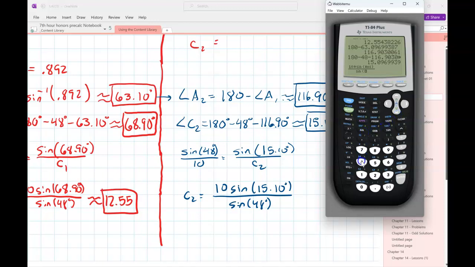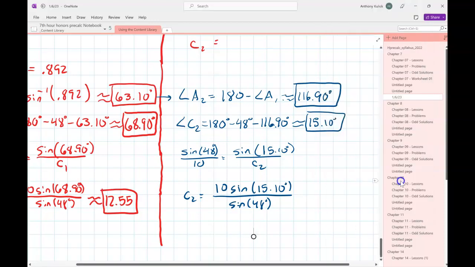What do you guys think on this? So 350 is what we got there.